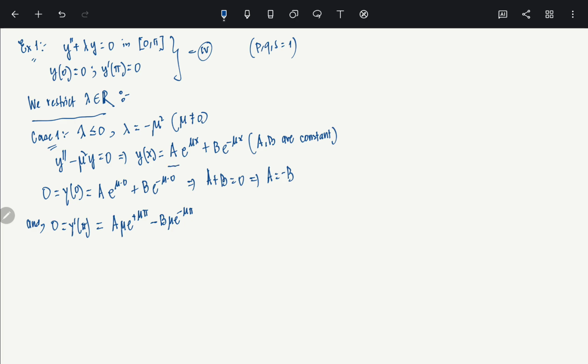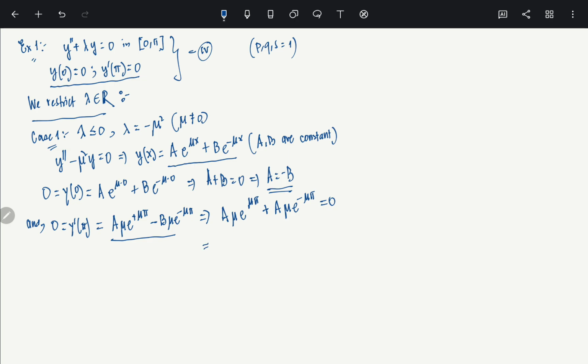Any solution of this equation looks like this. This is a general solution. So we are trying to find a solution which satisfies these two conditions. If it satisfies these two conditions, A has to be equal to minus B, and this condition is also true. This implies A times mu e^(mu pi) minus B times mu e^(minus mu pi), which is A times mu e^(mu pi) plus A times mu e^(minus mu pi), is going to be 0.